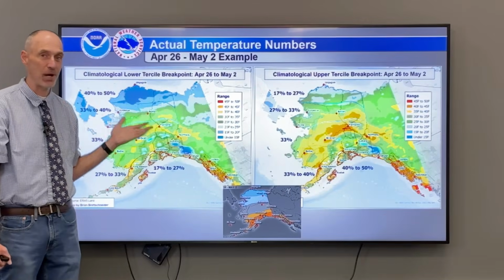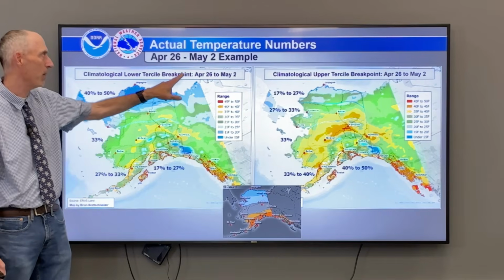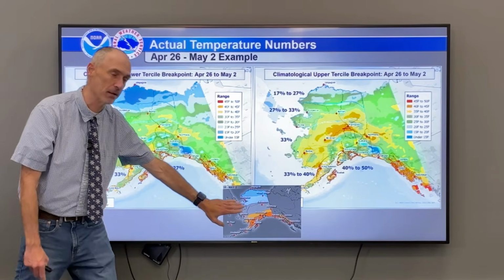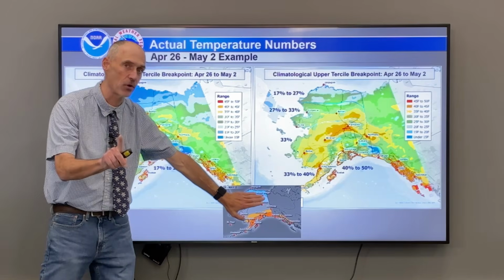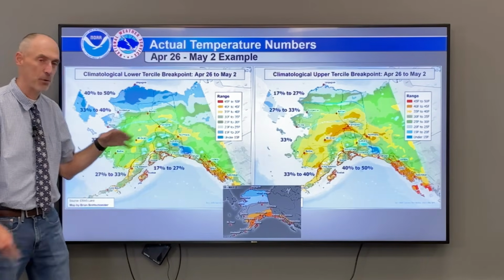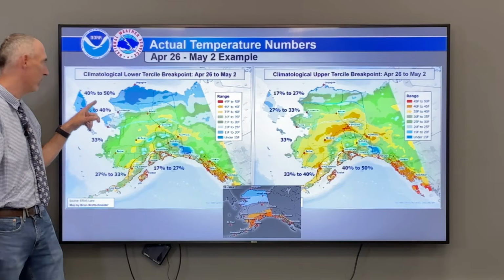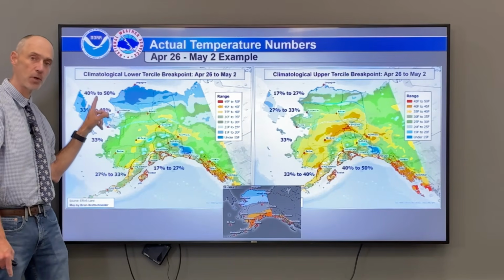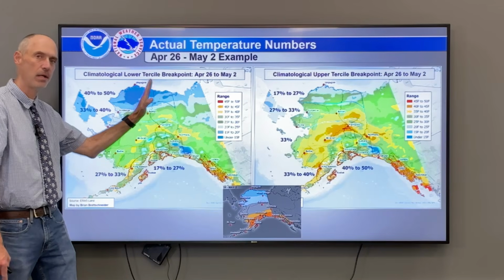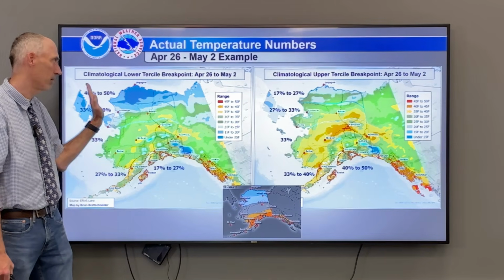Okay, if we actually try to throw some numbers at this for that same period, April 26th to May 2nd, remember our map here, our three favored categories. Up here in the North Slope, that was the 40 to 50% probability. And so we are saying there's a 40 to 50% chance that we will be at or below this lower tercile breakpoint.